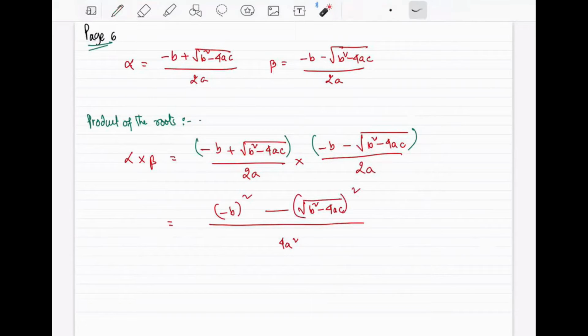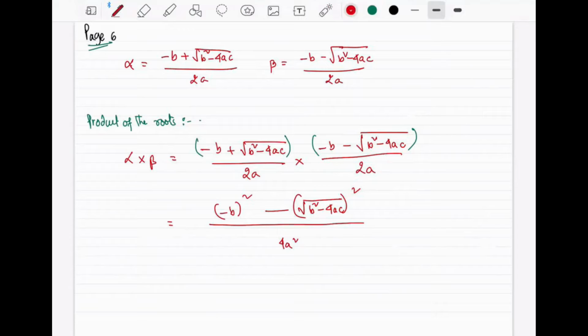Here from this portion, minus b whole square, you will get b square. The minus, if you multiply two times, it will turn into positive, right? This one we will get b square. What about this one then? There is a square and there is a root. You can cancel them. There will be b square minus 4ac remaining.